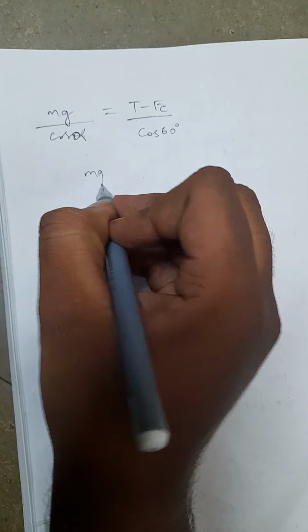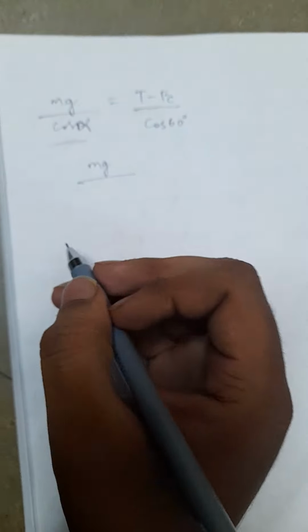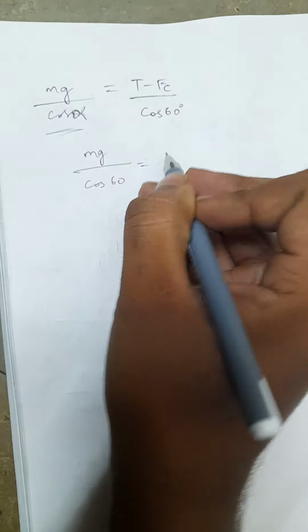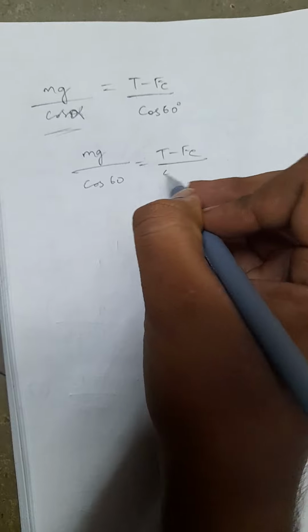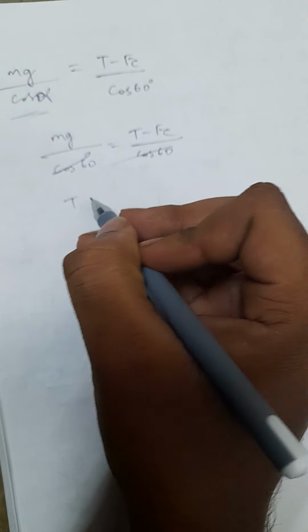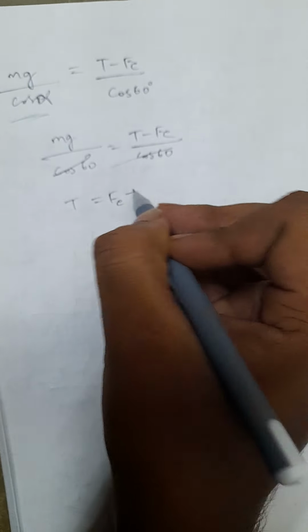Okay, this alpha. So mg by cos alpha, the value of alpha we just derived, we got it as 60. So cos 60 is equal to t minus fe by cos 60. Cos 60 we can cancel. So t is equal to fe plus mg.